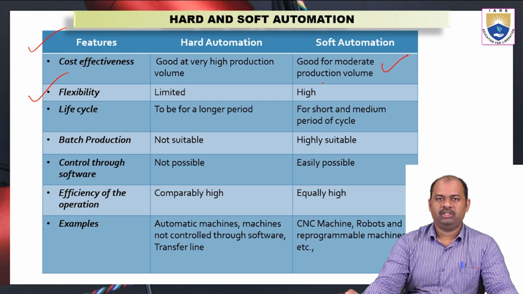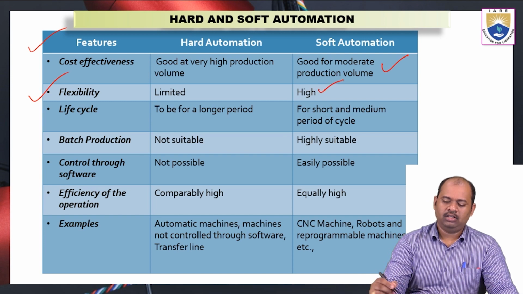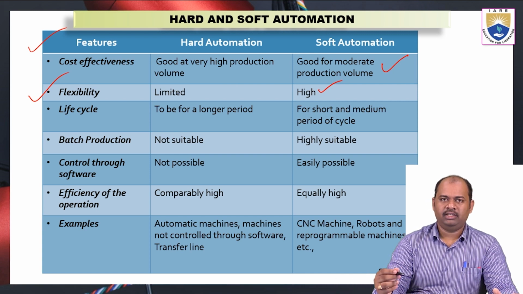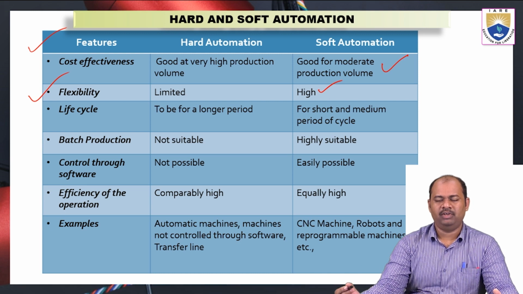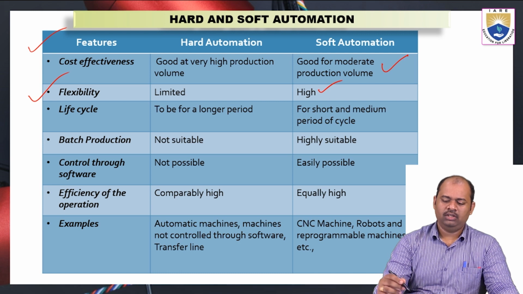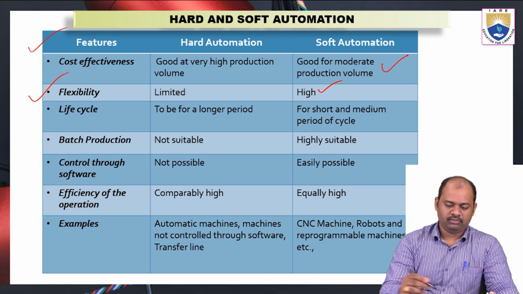Coming to soft automation, take the example of a computer where we can write programs. In soft automation, we can write different types of programs depending on the need. We can rewrite, download and modify the program, and we can take this program to some other place and use it. So the flexibility is more in soft automation because of the use of a computer.